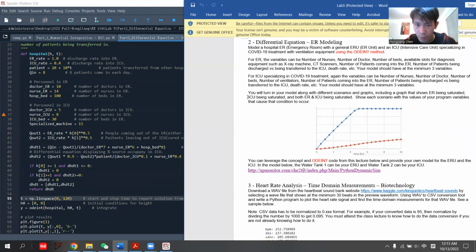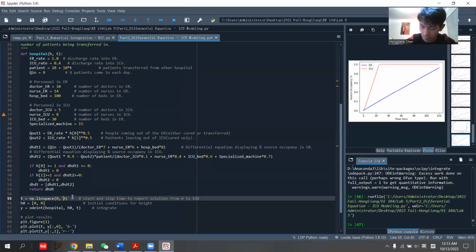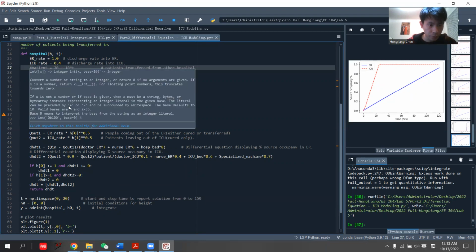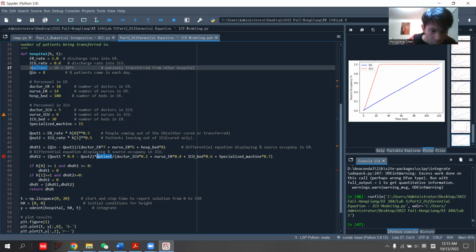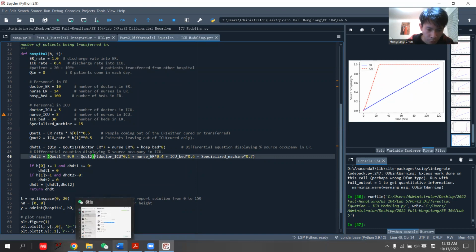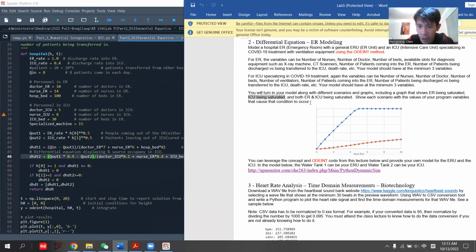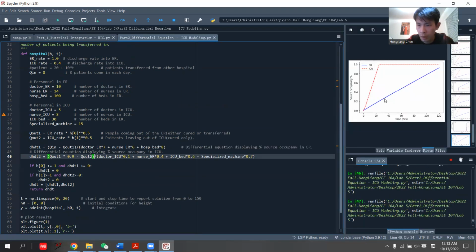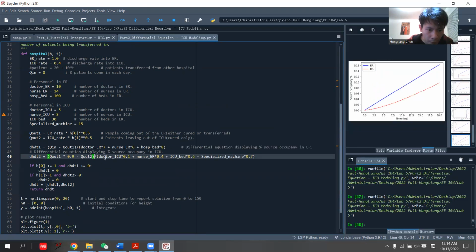In this case, the second requirement, showing the ICU being saturated, is done. Let's set it back to the original, in order to observe both ER and ICU being saturated.